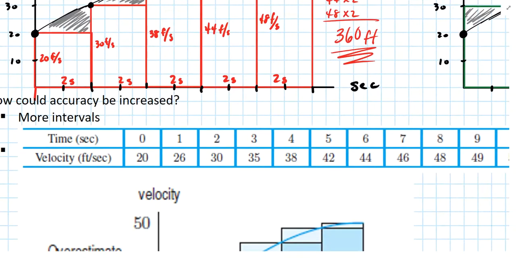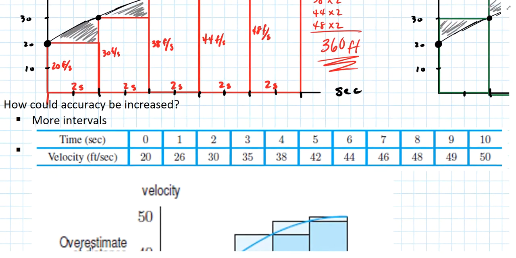Perhaps you already looked ahead and saw, well, couldn't we just increase our accuracy by introducing more time intervals? What would happen to our estimations if we calculated the area every second rather than every 2 seconds? So in this chart, you can see the same information at 0, 2, 4, 6, 8, and 10, but in between those measurements, we've got other pieces of data to work with.